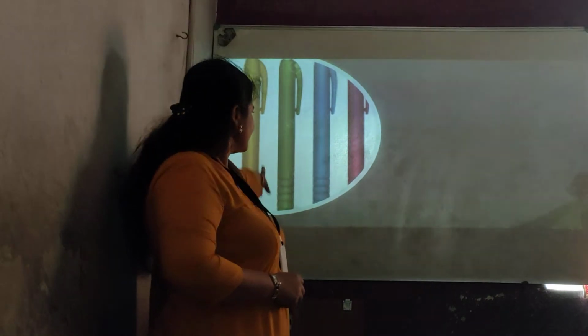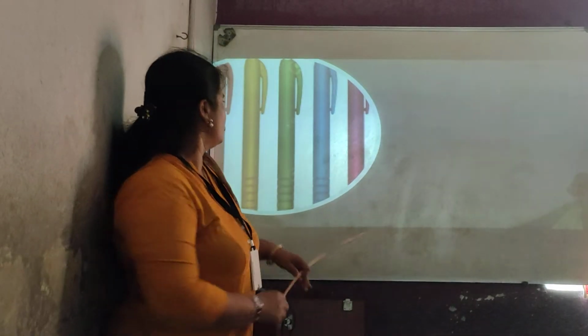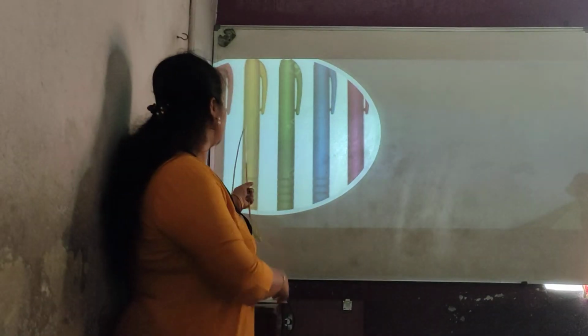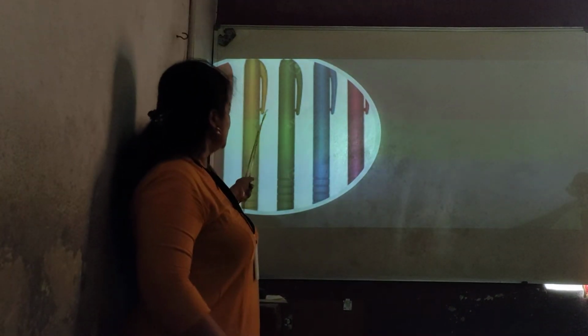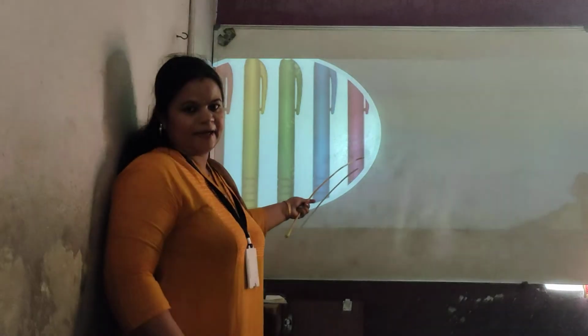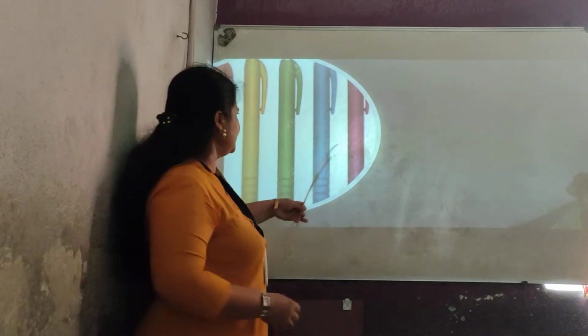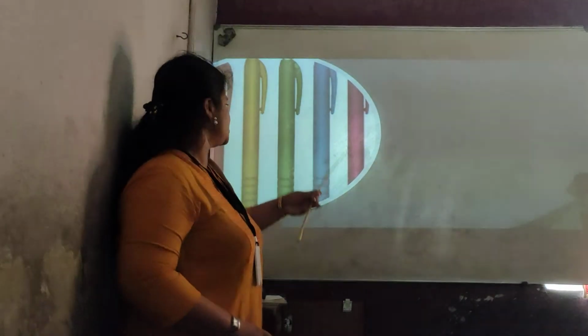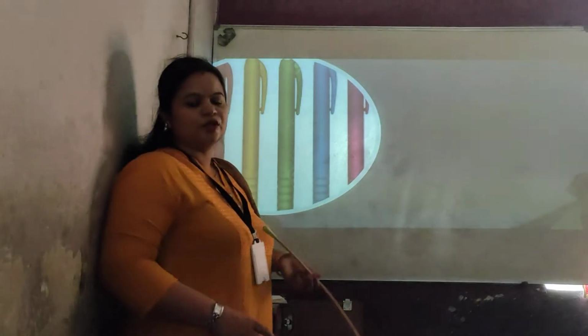Let's see one more example here. What is given here? There are different colors of pens given. Red, yellow, green, blue, pink. Now, I like the pink pen. You like the red pen. She likes the green pen. So, what did you understand?